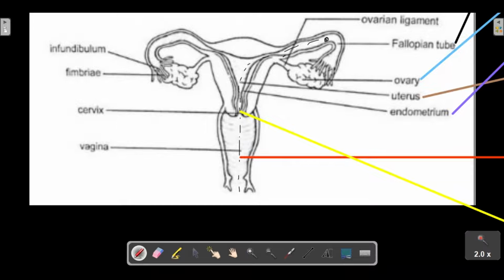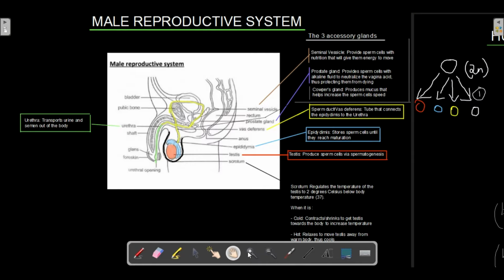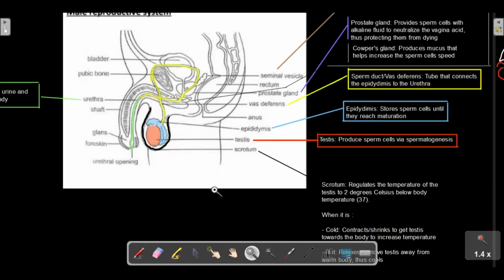So this is where they will meet that egg cell, and this is where fertilization will occur, which is the fusion of the nucleus of the sperm cell that has traveled this long way and the nucleus of the egg cell, that will be produced by the ovary there. And so you have to understand that a sperm cell has a long journey to travel to reach the fallopian tube, and so it must be equipped. And so you have to know all the structures that are responsible for equipping it with everything that it requires in order to make that journey possible.